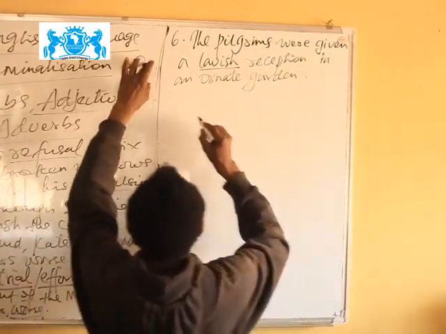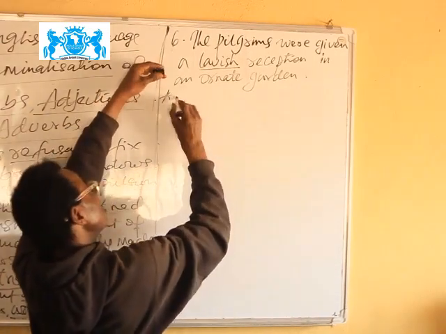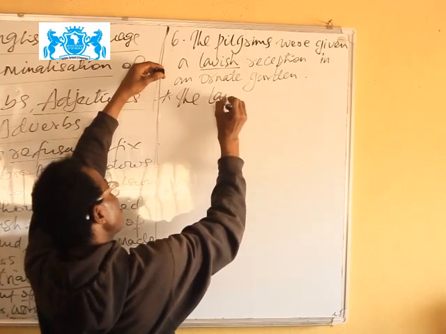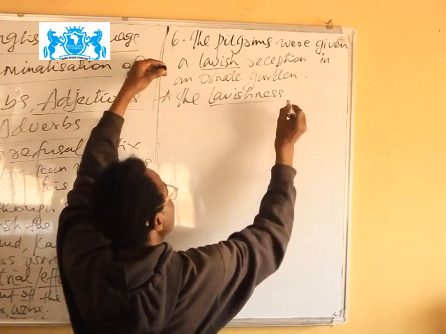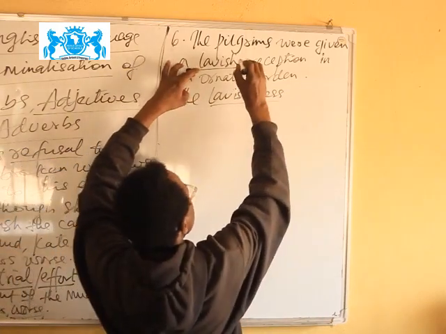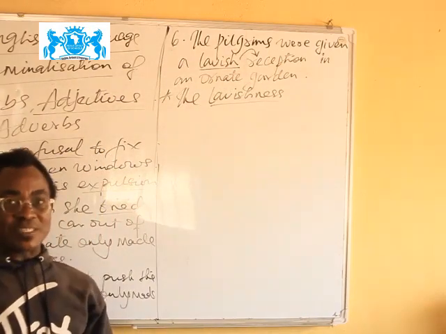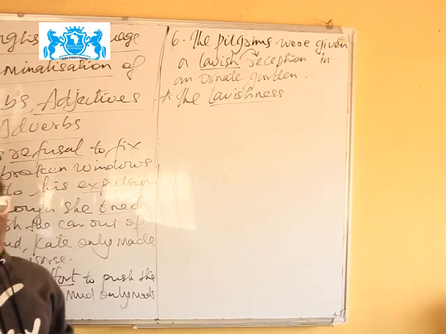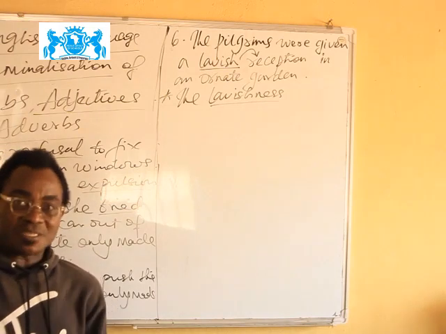If we rewrite, someone can say the lavishness is a noun form derived from the adjective. The adjective lavish qualifies the noun reception. It answers the question, what kind of reception were the pilgrims given? Then the answer is lavish reception.